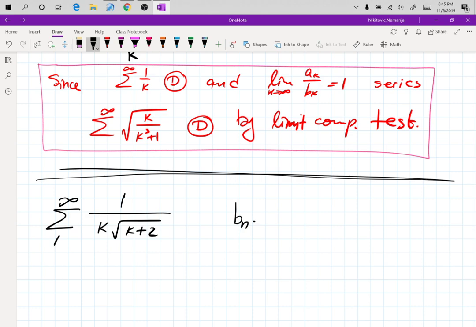Can you at least tell me bn? 1 over k to the 3 halves. Yes. Awesome. k to the 3 halves. You have k to the 1 times k to a half. The plus 2 is a non-essential thing that we kill to come up with bn. Now, does the series of this converge or diverge?